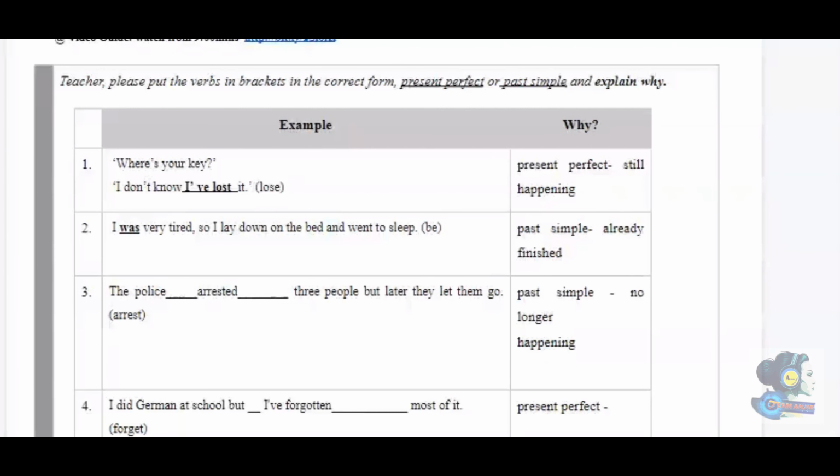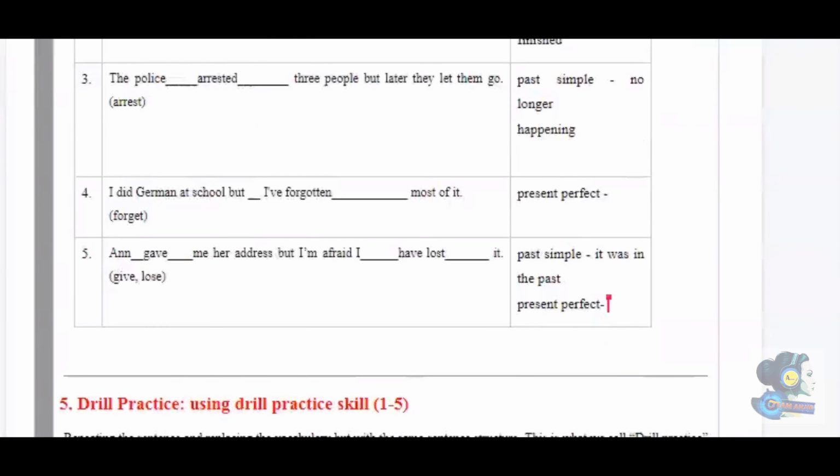So how about this one? Is this still in past simple? What do you think? Rather, this is in present perfect. You're doing good, I should say. This one is in present perfect because we have used an auxiliary verb, which is have, and then the past tense of the verb lost.